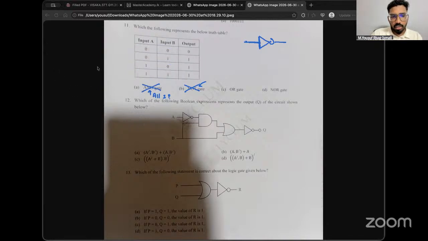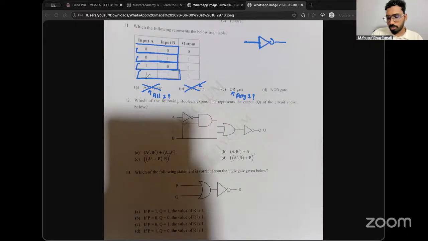The next option is the OR gate. The OR gate gives you one if any of the inputs is one. If either one of the inputs is one, it gives you output as one. Based on the OR gate, in the first, second, third, and fourth rows, which rows have at least one of the inputs as one?